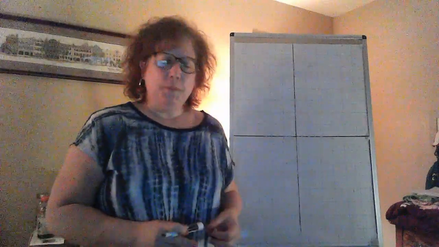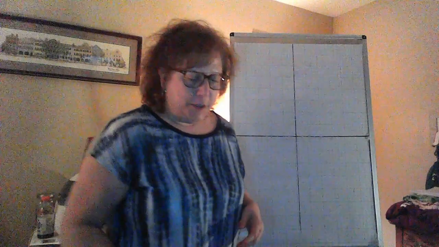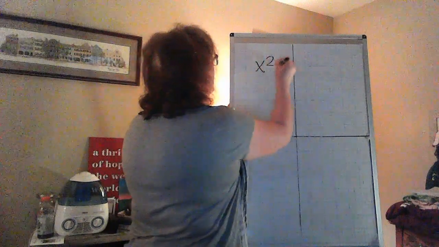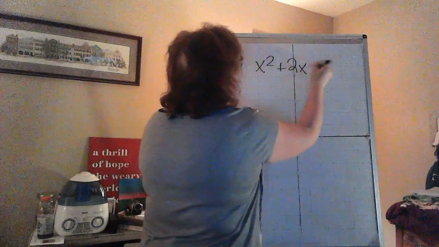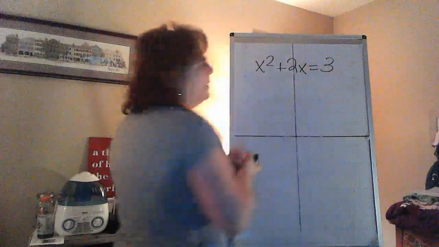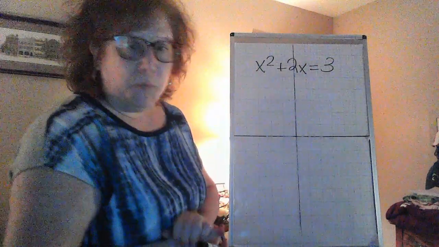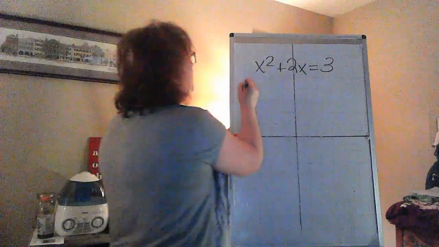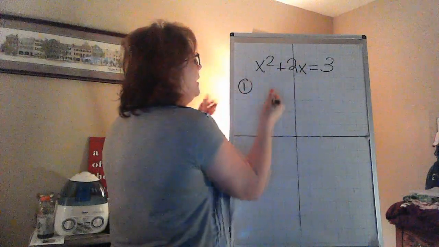All right, so I assume you're back and that you have finished problem 22. I want to make sure I write it down as well: x squared plus 2x equals 3. Now, step 1, as we know, is writing it in standard form.